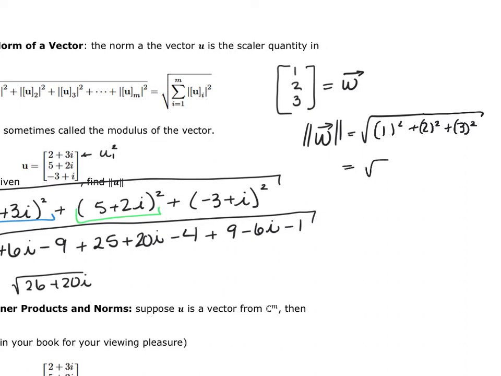This gives me the square root of 1 plus 4 plus 9, which is the square root of 15. So sometimes I don't get a nice integer number. Sometimes I end up with a complex number underneath the square root if I start out with complex numbers. Sometimes I end up with a number that does not have a nice value. Square root of 15 is not a nice value, and that's okay.